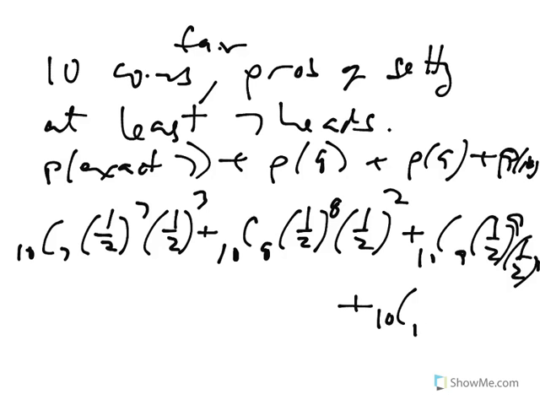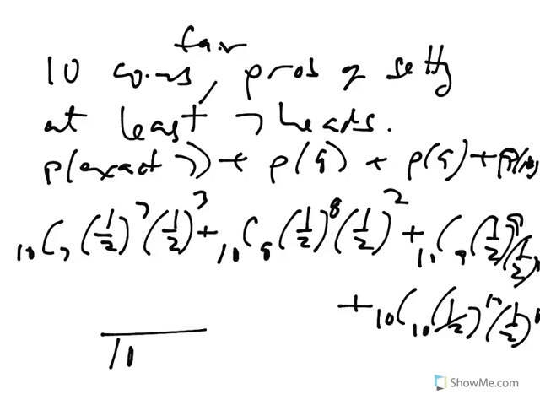And 10 is 10C10 times 1/2 to the 10th times 1/2 to the 0. And when you put these things all together, you actually get 1024 in the denominator. I think the numerator becomes 176, and the whole answer becomes about 17%.